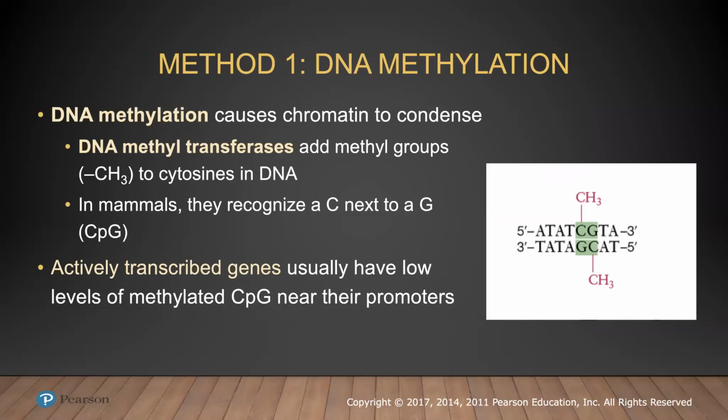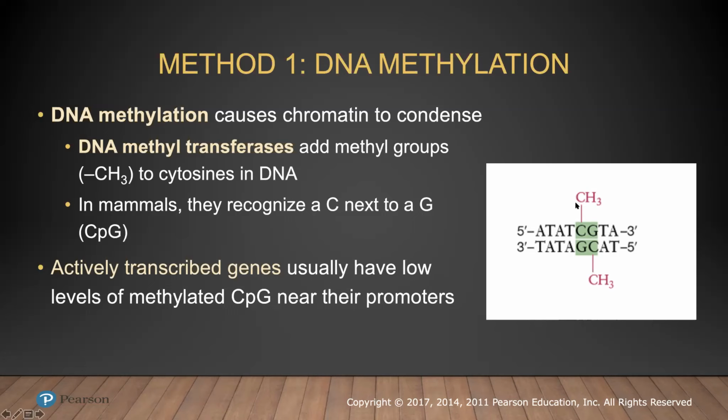The first method is known as DNA methylation. And so methylation basically means that we're adding this CH3 group onto a cytosine that's next to a guanine. All right, so you'll have this CG sequence somewhere in your DNA strand, and a methyl group will be attached.